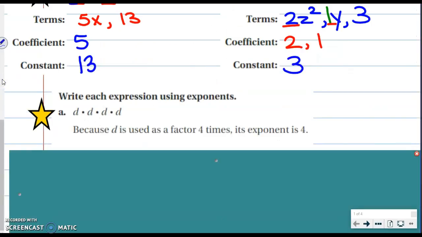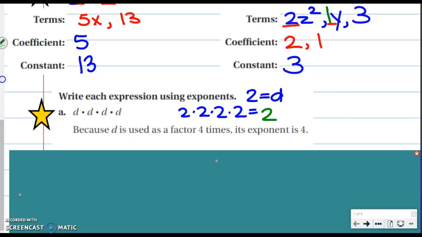Okay, so now we're going to write each expression using exponents. So I see that I have a variable d, d times d times d times d. And in case I don't know where to start, I'm just going to use a number to represent the letter. So let's start with d being equivalent to 2. So if I were to write out 2 times 2 times 2 times 2, I need to think about how I would write that using exponents.